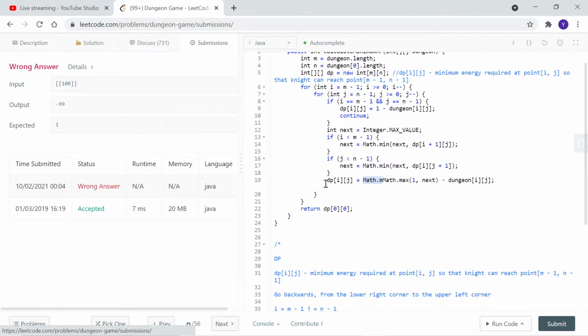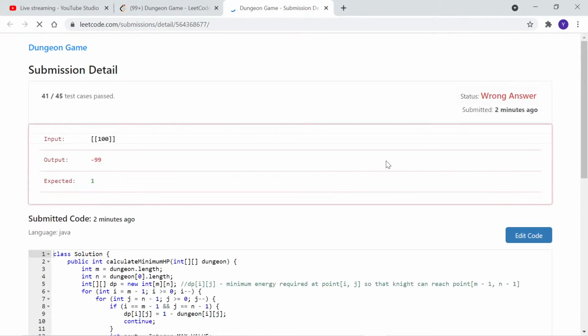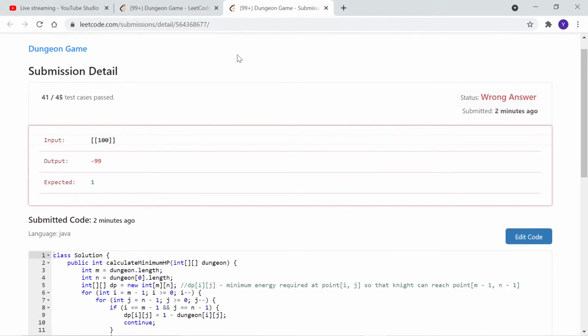So does it mean the energy has to be at least 1 initially? Let's see how many cases it has passed. 41 out of 45.